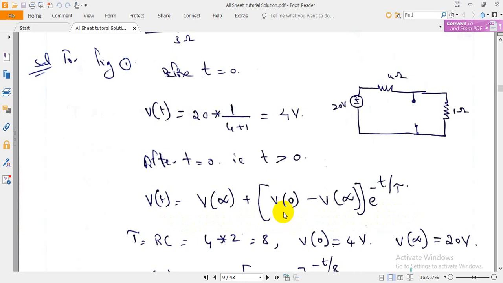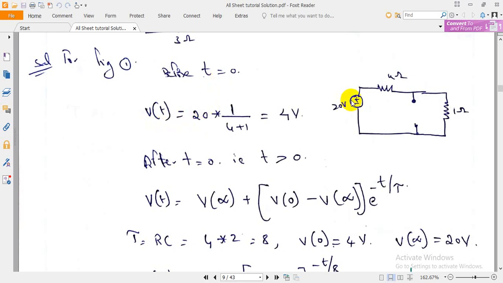So we need V of 0, that is for t less than 0, the voltage of the capacitance, and V of infinite, that is for t greater than 0. First of all, we will find V of 0. This is V of 0 actually, not V of t.